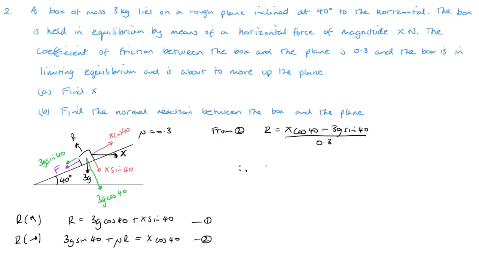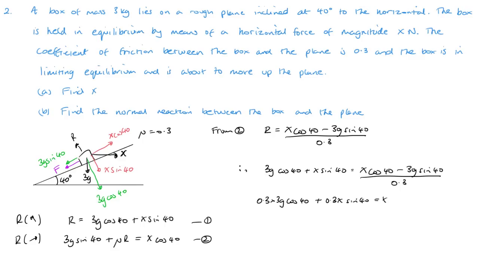Therefore, 3G cos 40 plus X sine 40 is equal to this here. So now I just need to rearrange to find X. So multiplying up by the 0.3 first of all, we've got 0.3 times 3G cos 40 plus 0.3x sine 40 equals X cos 40 minus 3G sine 40.